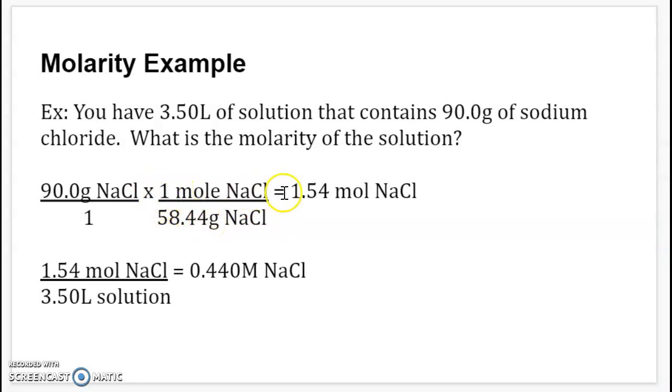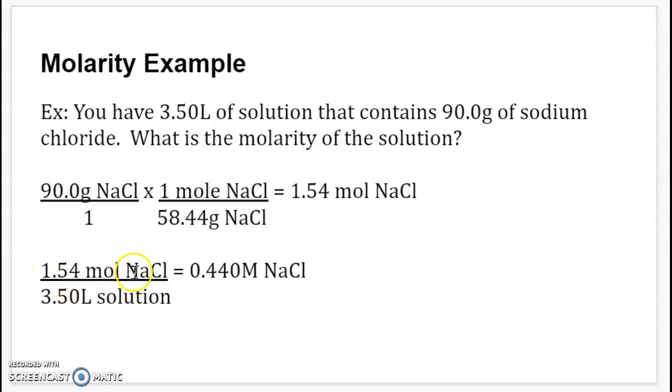And that's equal to 1 mole of sodium chloride. So then when you do your calculation, grams cancels out, you're left with the unit moles, and you're dividing 90 by 58.44. And that gives you 1.54 moles of sodium chloride.